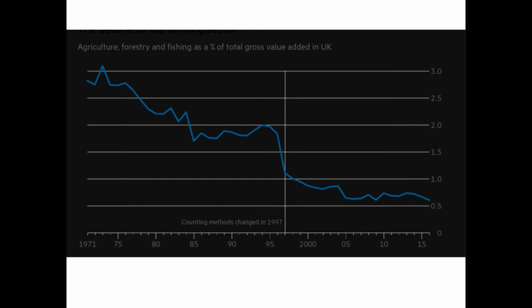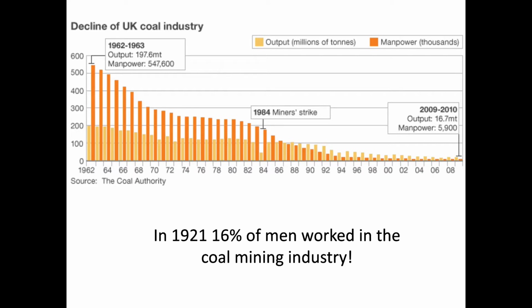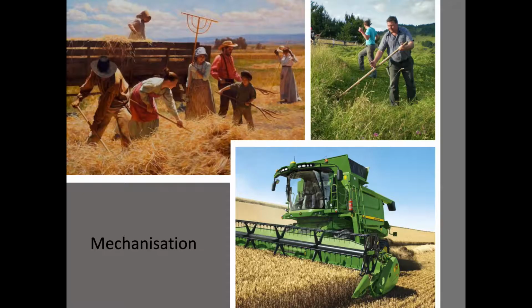You don't need to learn any facts and figures, you just need to know that it's got smaller. What you do need to know is why. And it's a combination of two things. The first of which is mechanisation. If you think about farming, fishing, mining, forestry, you can now do it with the use of machinery, of technology. You don't need loads of people cutting the grass, turning over, gathering.